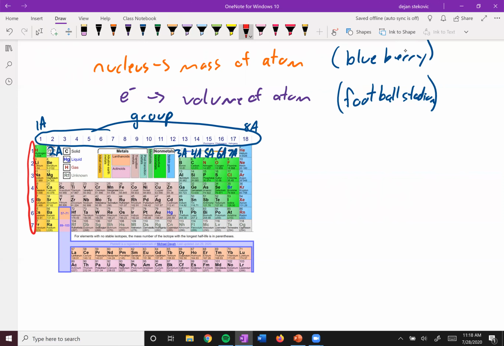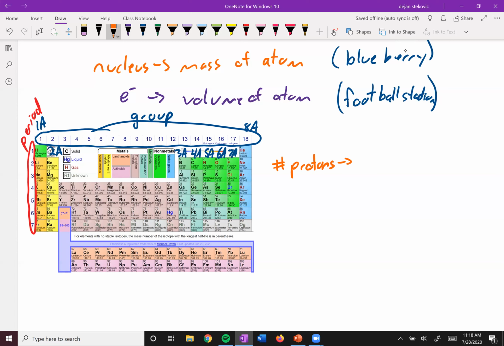And then this vertical row here, these are the periods, right? So period 1, period 2, period 3 elements. And then remember that what makes an element a certain identity, what makes a hydrogen, a carbon, a nitrogen, is just the number of protons, right?